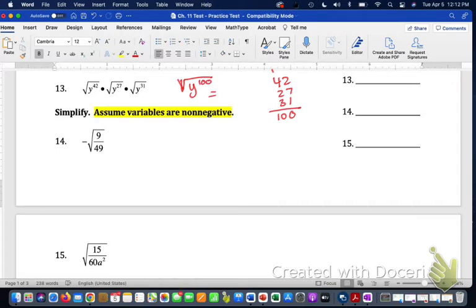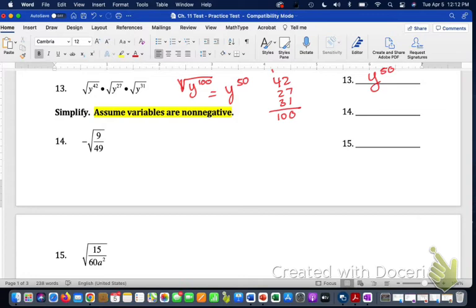Remember, it's really every 2. So we have to divide it by 2. We end up with y to the 50th. So number 13, a lot of people get tricked by that, y to the 50th, okay? They want to say it's y to the 10th, but it's made up of 100 y's, and every 2 make a perfect square.